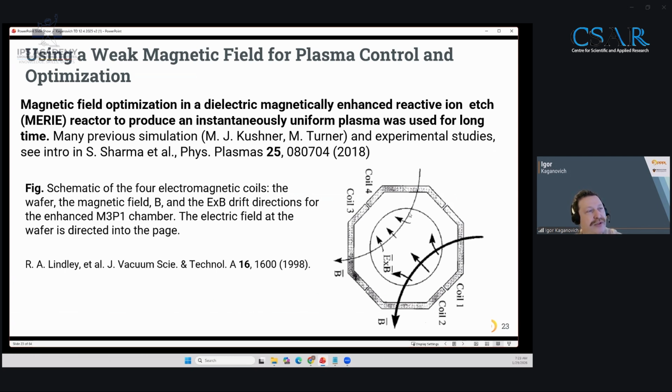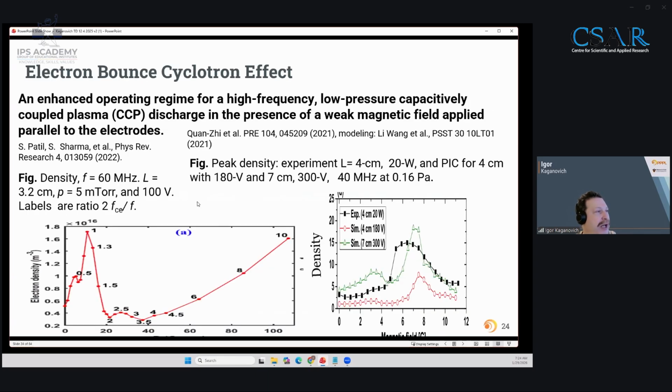One way to do it is with coils that carry a current and produce a magnetic field, parallel to the electrode, which you see on top. But the problem is that with a fixed magnetic field you'll have a drift and the plasma will become non-uniform. One way to mitigate it is to rotate this magnetic field and control uniformity that way.